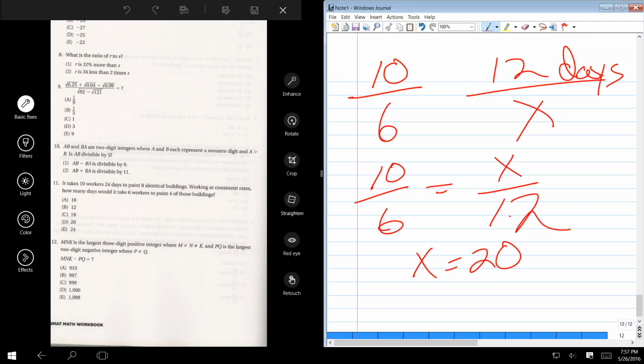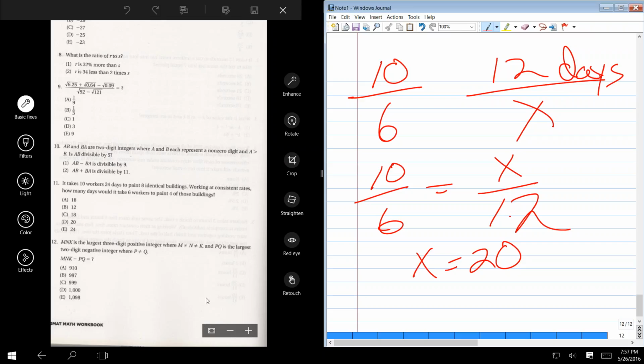I like to tell people that your goal here is not to show anybody how much math you know. Your goal is to do as well on this test as you can possibly do in the shortest amount of time. Exactly. Just because you can do the algebra doesn't necessarily mean you should. All right, let's do number 12 and then call it a session.